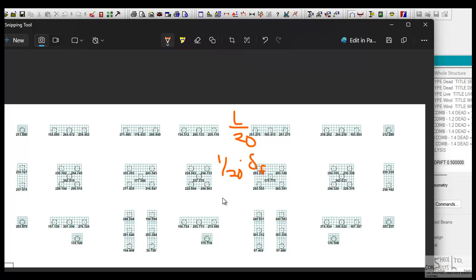For the purpose of this explanation, I am assuming that the deflection limitation should not exceed half the vertical height. Okay, so my lateral drift factor eventually evaluates to half, which is 0.5.